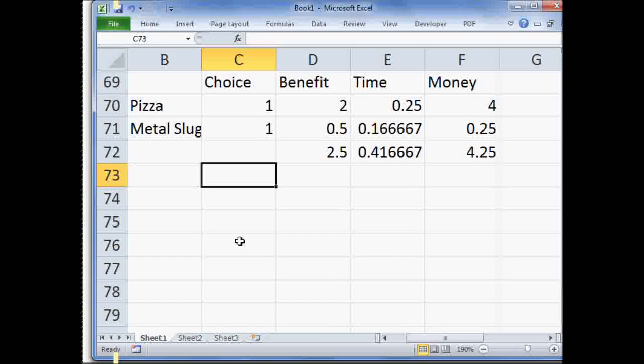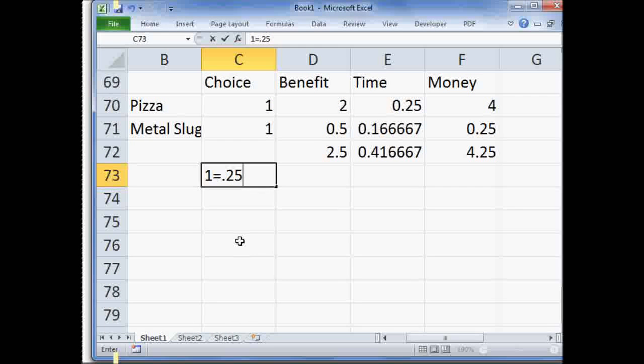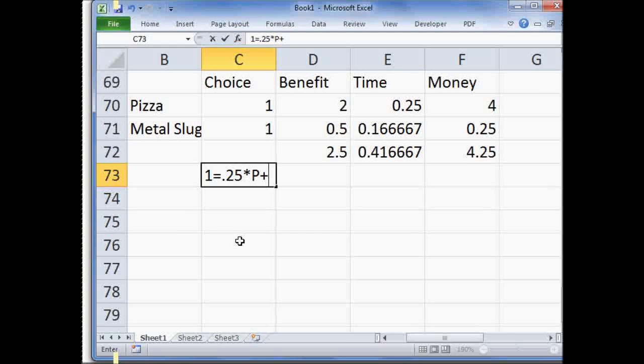by doing some substitution. So the first equation is that the total time spent, 1 hour, is equal to 0.25 times pizza plus 0.16666 times Metal Slug.